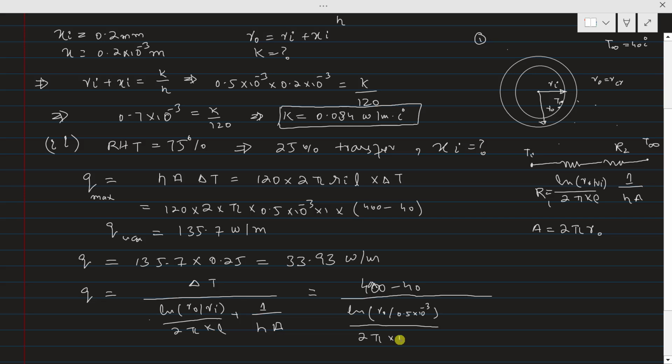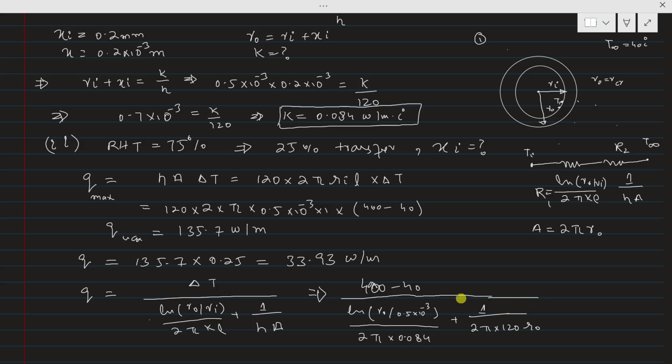The K value is 0.084, take L as 1, plus 1 divided by 2 pi, 120 and then R0.